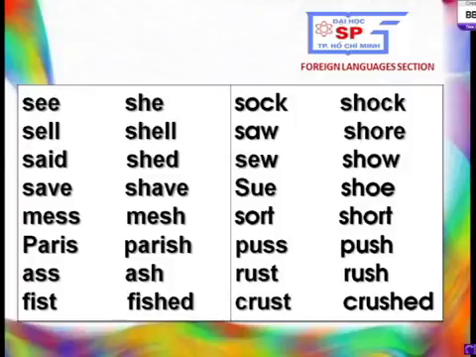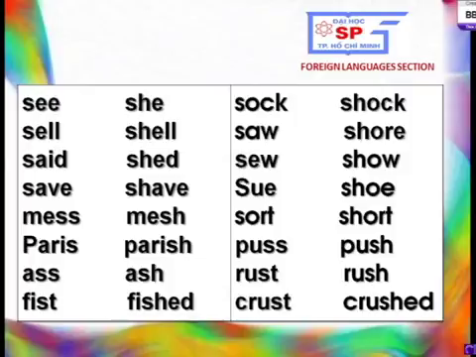Okay, so now let's come to the practice part. I'd like you to look at the words, listen, and repeat. See. She. Sell. Shell. Said. Shed. Save. Shave. Mess. Mesh. Paris. Parish. Ass. Ash. Fist.